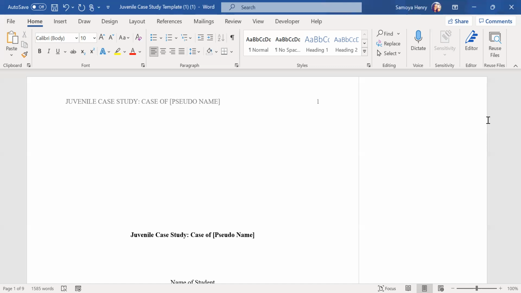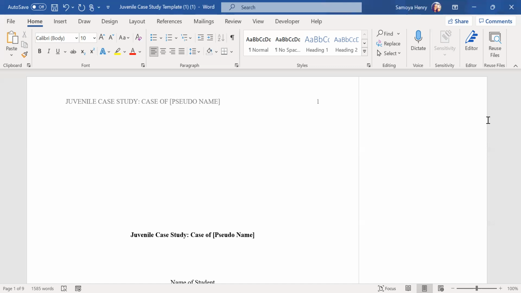It is written double spaced, font 12 Times New Roman. Everything is paragraphed in an APA 7th edition format, for you to become familiar, especially for those who are not in the field of social work and are not used to writing in APA.